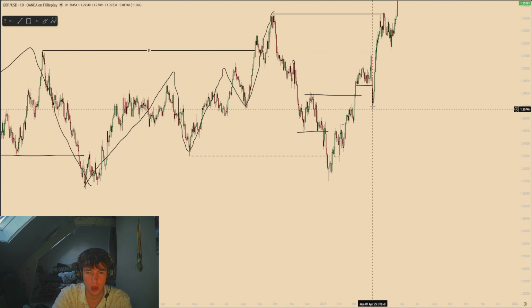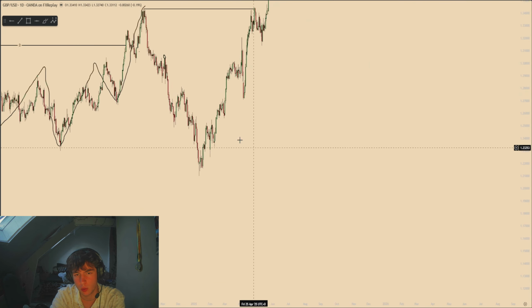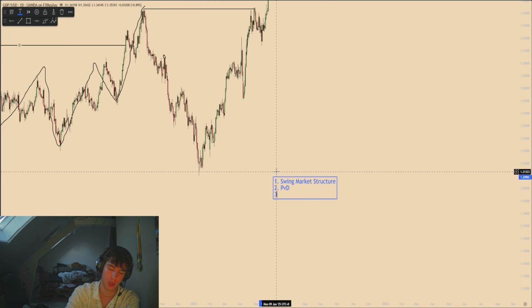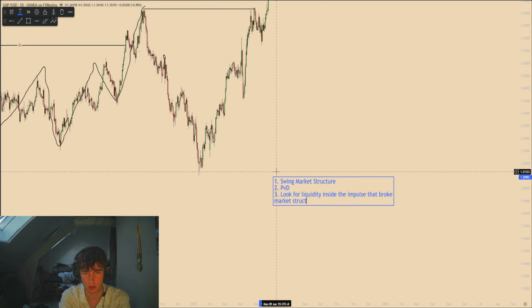So, what was our checklist? Let's go over it real quick. We had one, swing market structure. Two, we had the premium versus discount tool. So have we made a swing towards the premium or discount of our range? Three, look for liquidity inside the impulse that broke market structure.